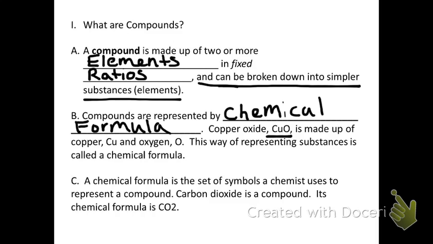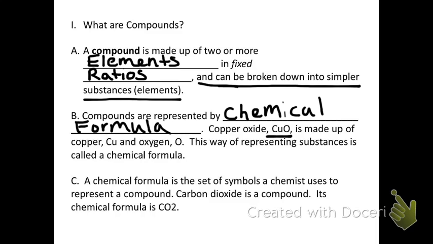In copper oxide, there's always going to be 1 copper for 1 oxygen. A chemical formula is just a way to represent a compound, showing us the elements that are in that compound plus the fixed ratio between the elements.